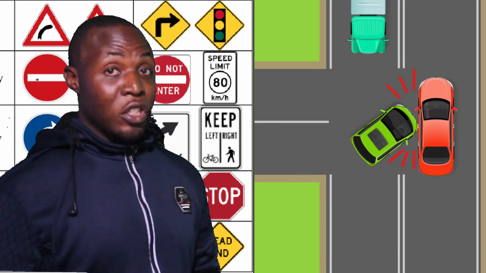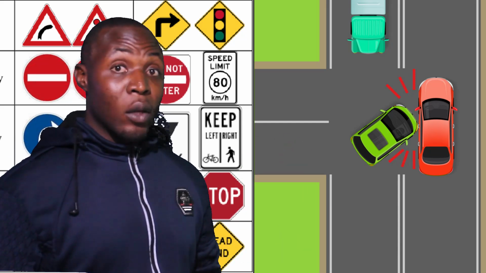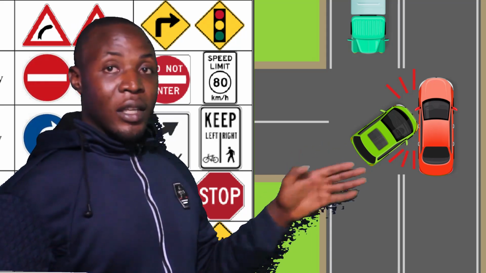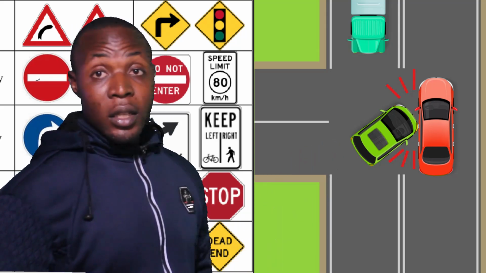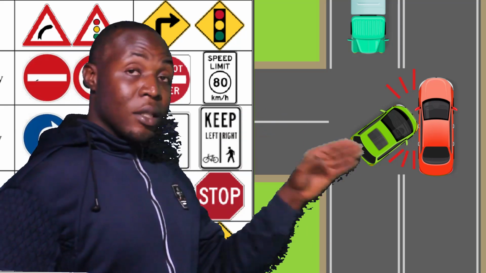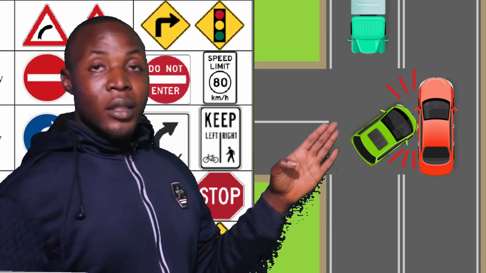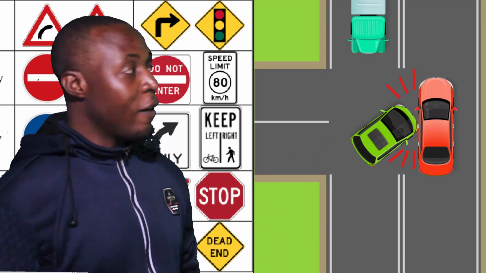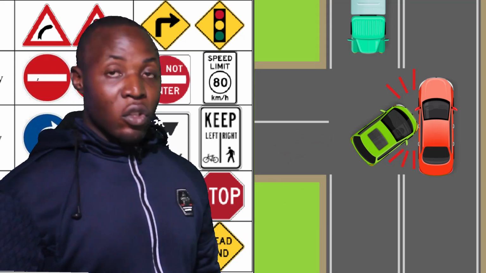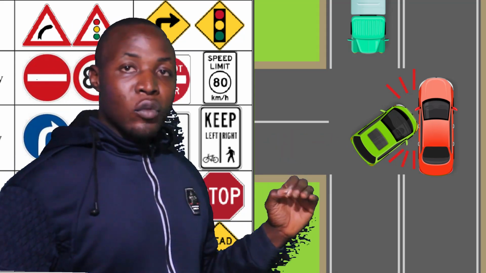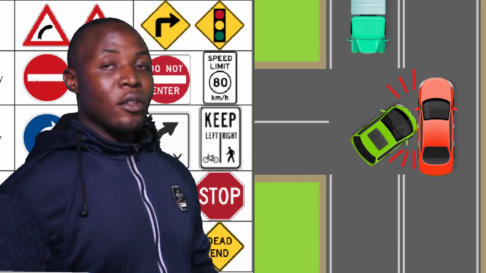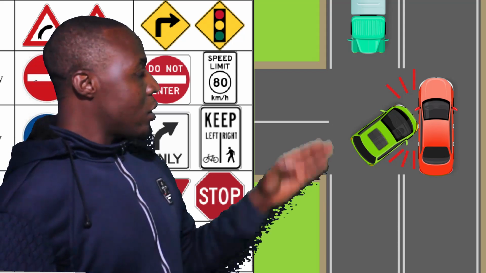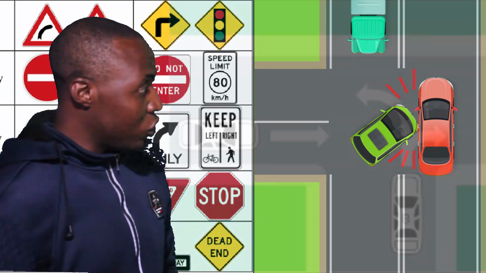Entering a T-junction without knowing, without taking note, or without stopping, you may find yourself in this situation. Either you are hitting somebody, or somebody will hit you. So whenever we are going to a T-junction, we have to make sure that we stop before we enter the T-junction.